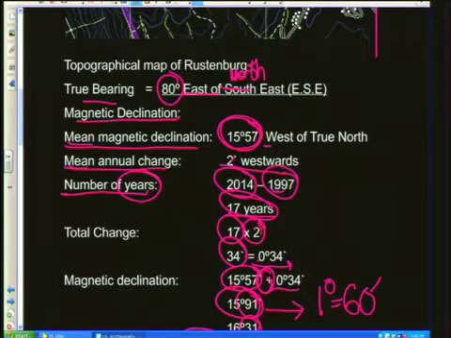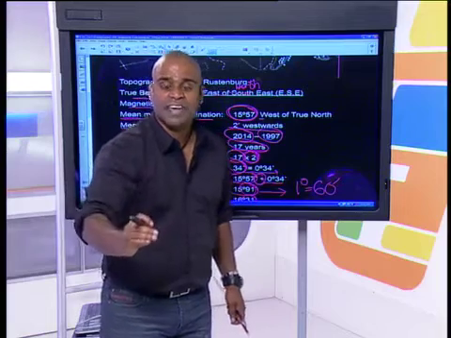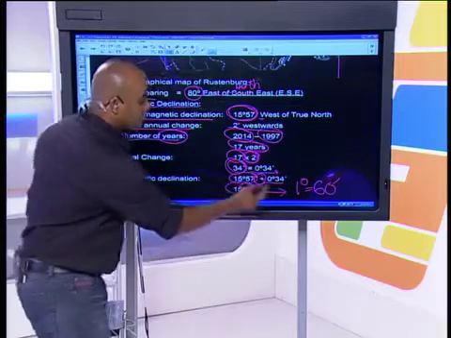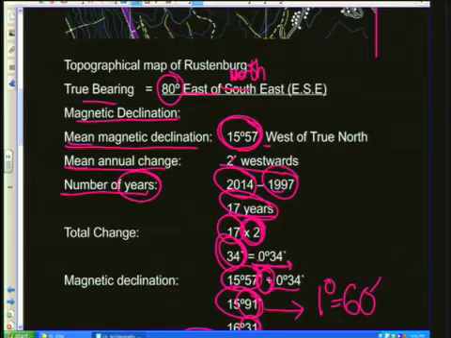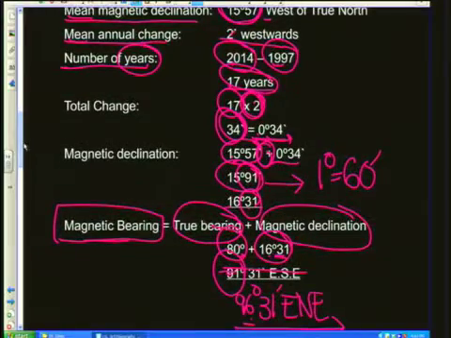17 times 2, we've received the 2 from the mean annual change, which is 34. And that answer, 34, is 34 minutes. We convert that to degrees and minutes, and therefore we write it as 0 degrees and 34 minutes. Once we've established the total change, we now can calculate the magnetic declination.